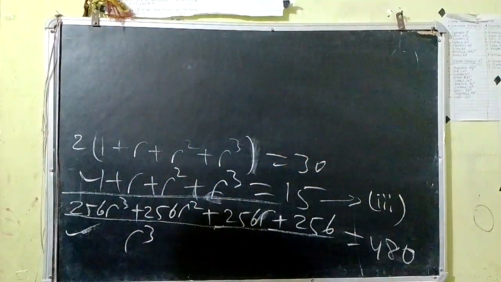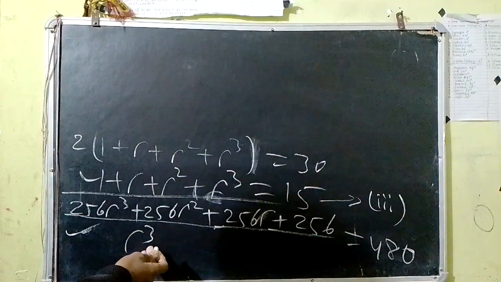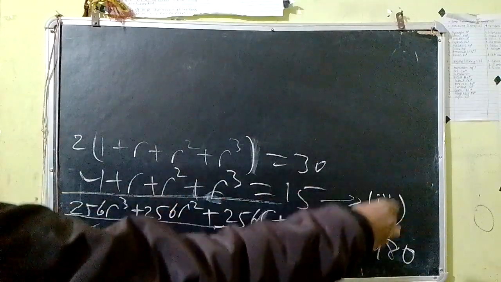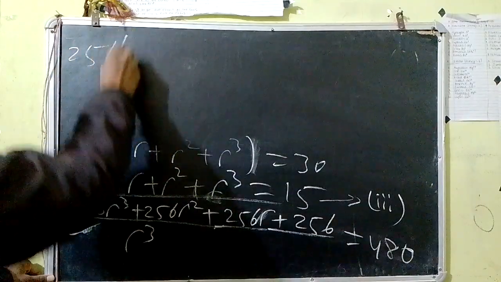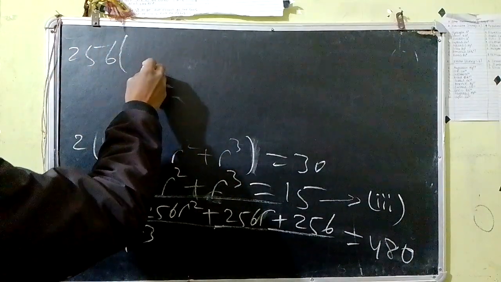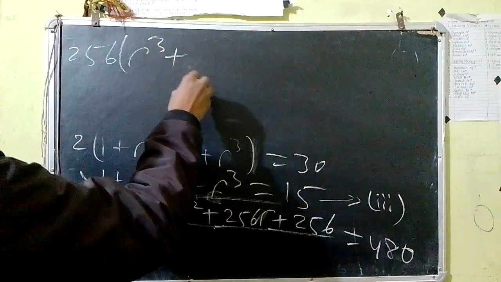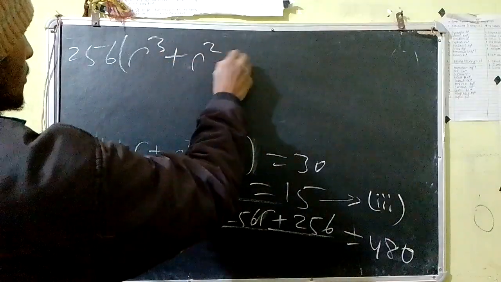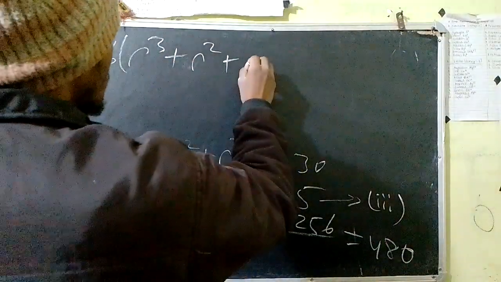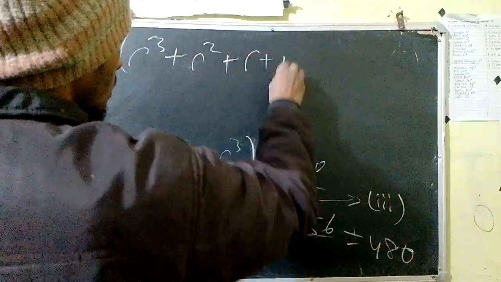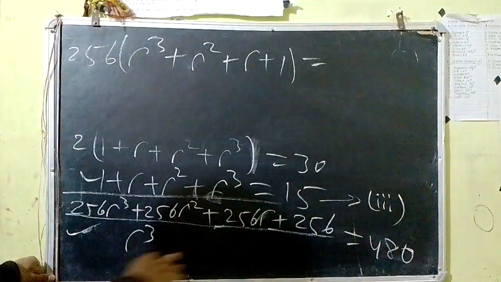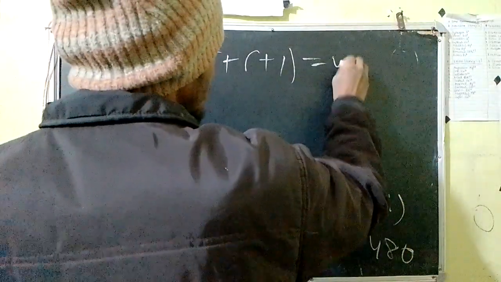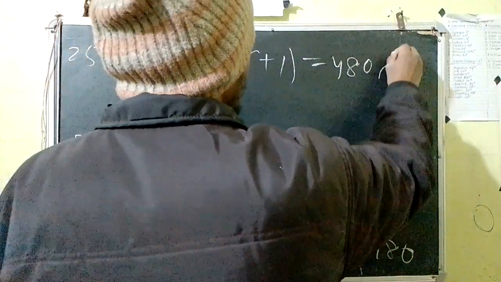Let's solve for it. If I bring r cubed to the other side, I can have 256 common, so 256 times r cubed plus r squared plus r plus 1 is equal to 480 r cubed.